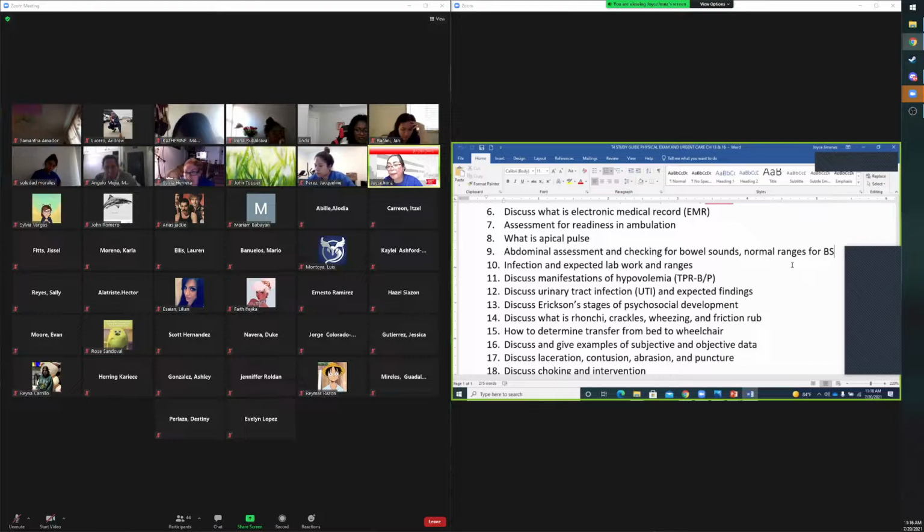So tachypnea and tachycardia are what you expect, not bradycardia. You're going to have an increased heart rate, increased respirations, and decreased blood pressure.